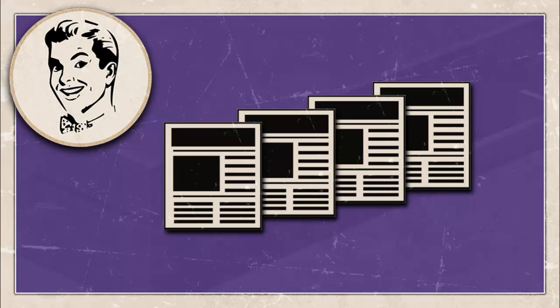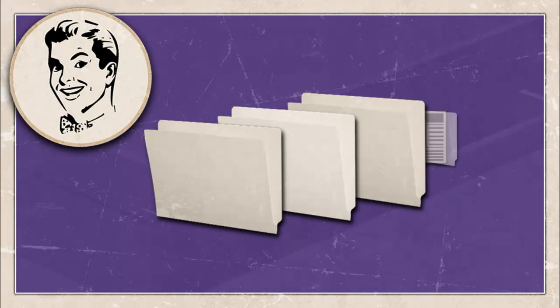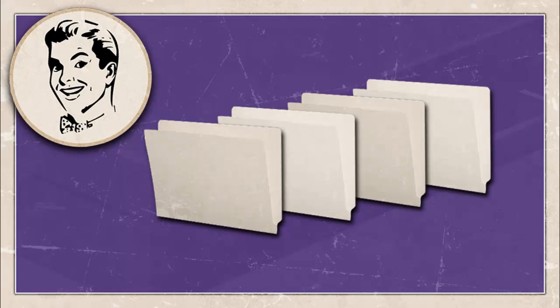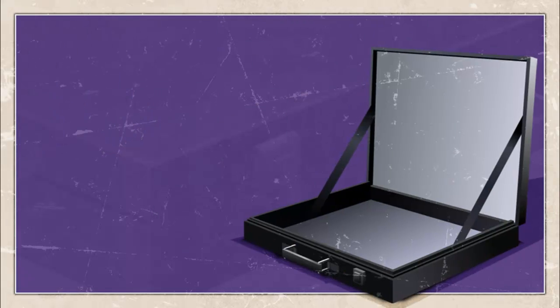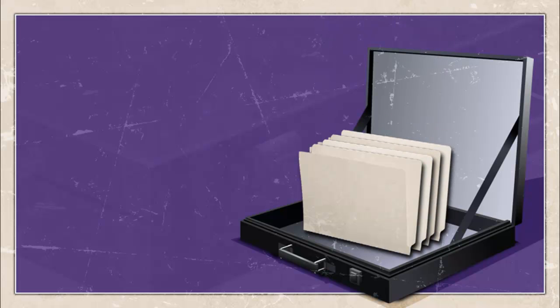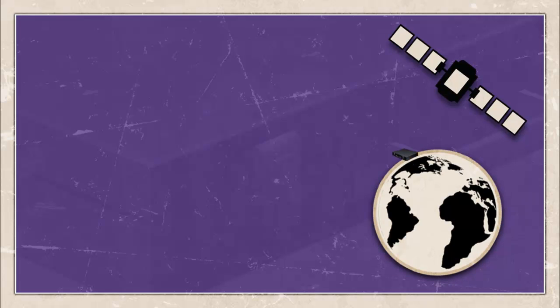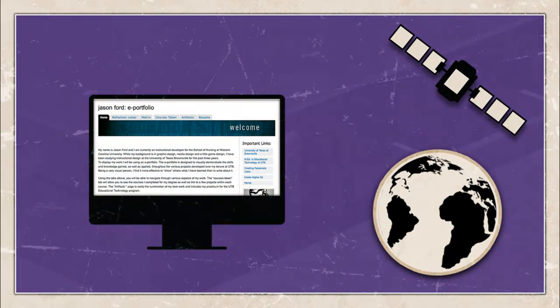These artifacts are then sorted according to either course, program, or college objectives, which can then be placed into a type of portfolio system and then uploaded to the internet to be displayed on the web for all to see.